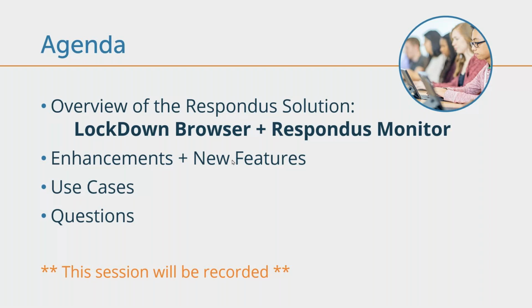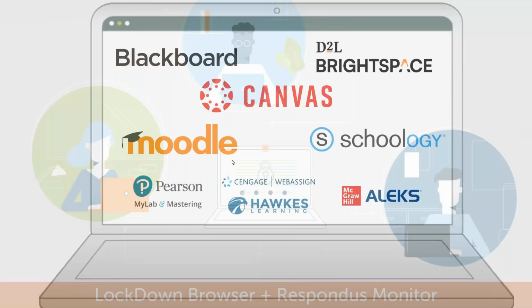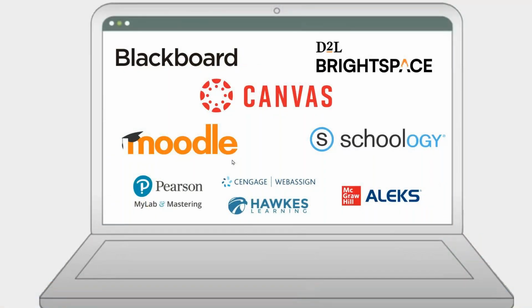So let's jump in. Our solution, as I mentioned before, is made up of Lockdown Browser and Respondus Monitor. Both applications integrate seamlessly with the leading learning management systems in higher education. That includes Blackboard. If you're using it, you'll know what I mean when I say we support both original and ultra courses. Brightspace, Canvas, that means both new and classic quizzes, Moodle, Schoology.